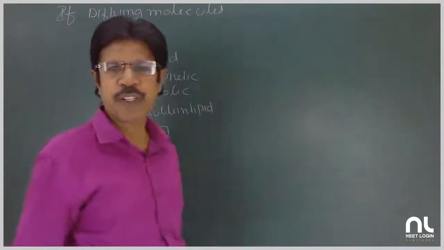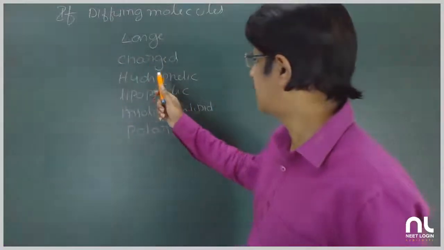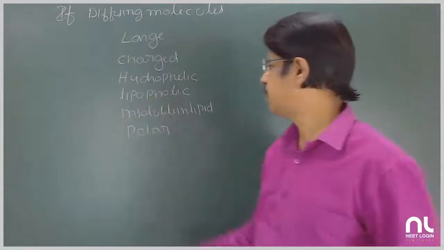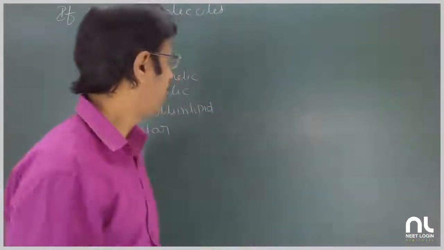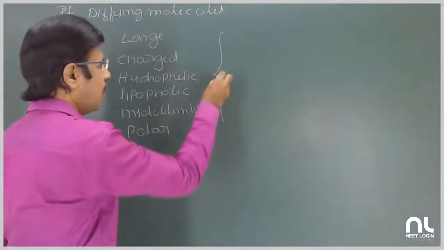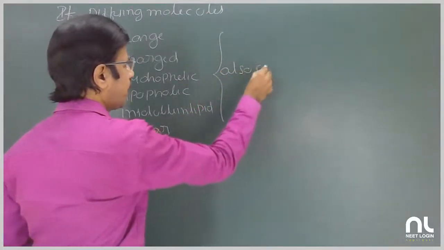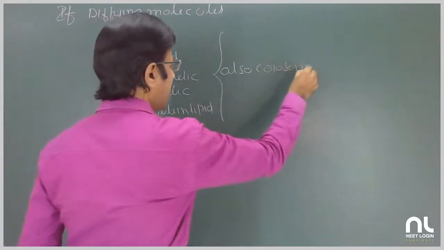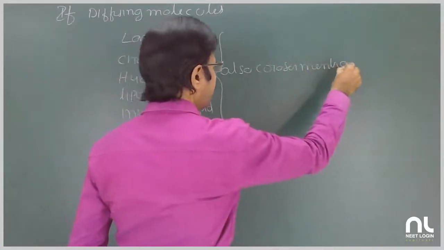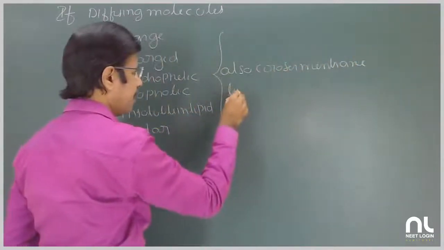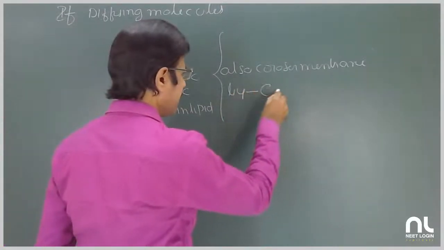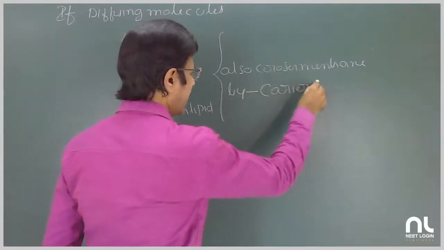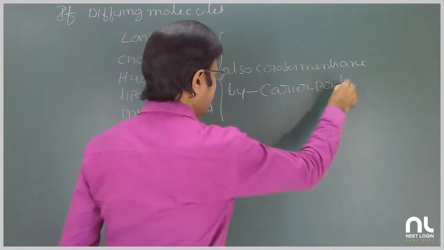If the diffusing molecule is large, charged, hydrophilic, lipophobic, insoluble in lipid and polar molecule, it also crosses the membrane by carrier protein.